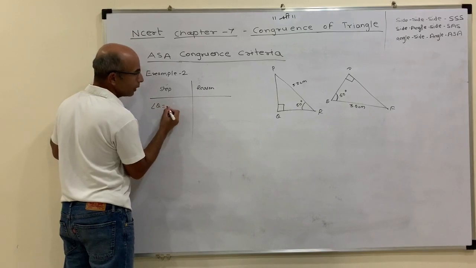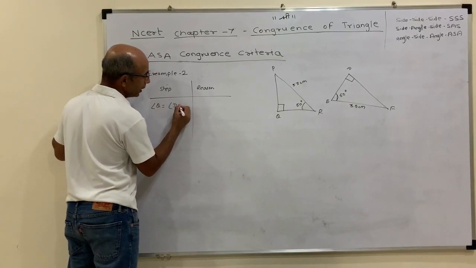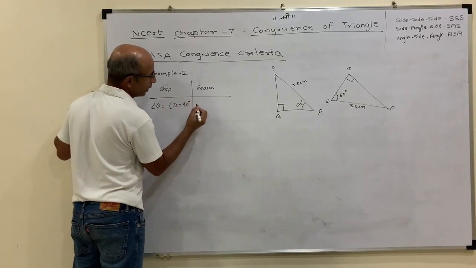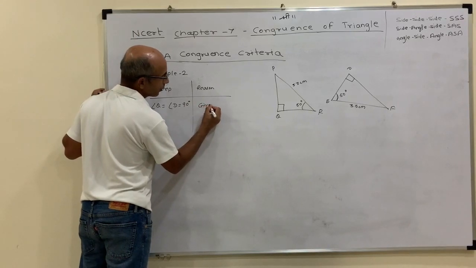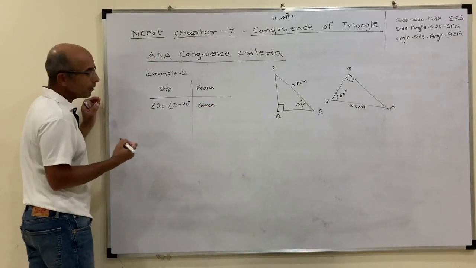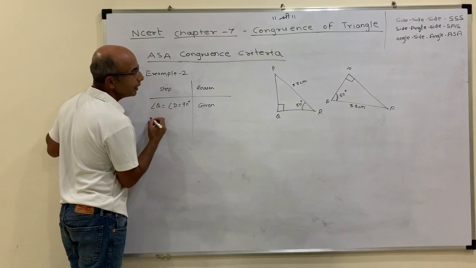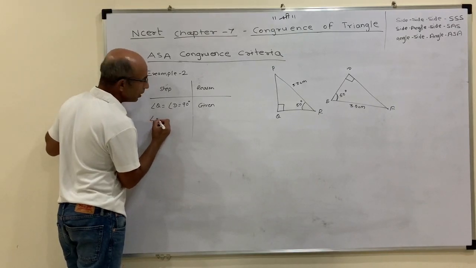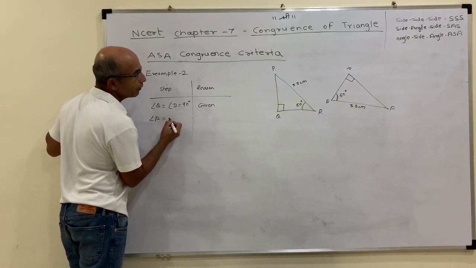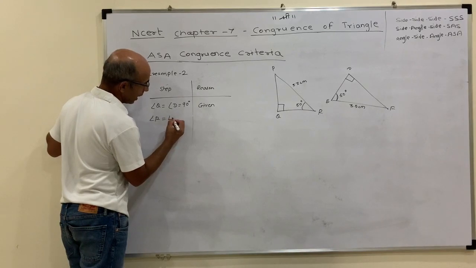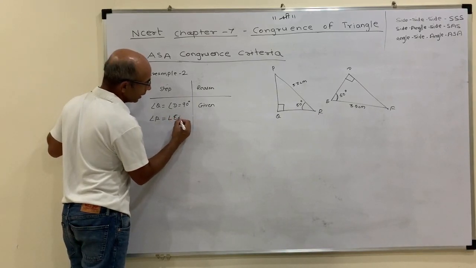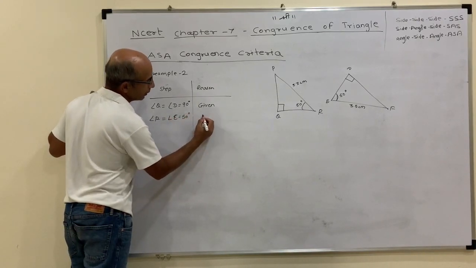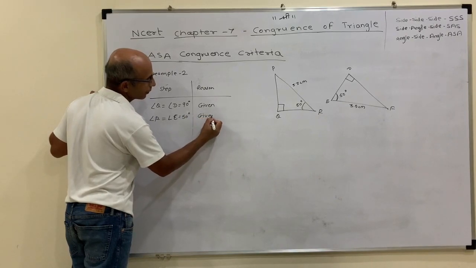Angle Q equals angle D equals 90 degrees, which is given. And angle R equals angle E equals 50 degrees, which is as well given.